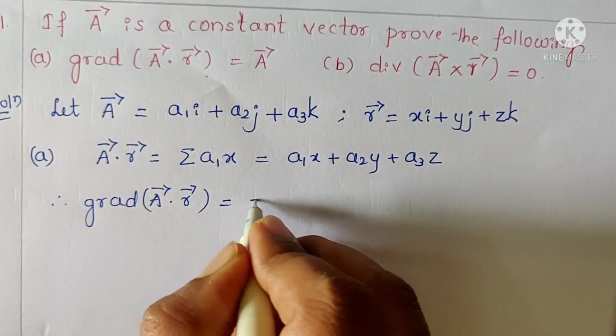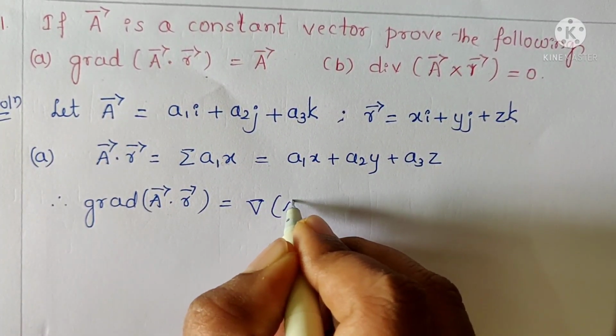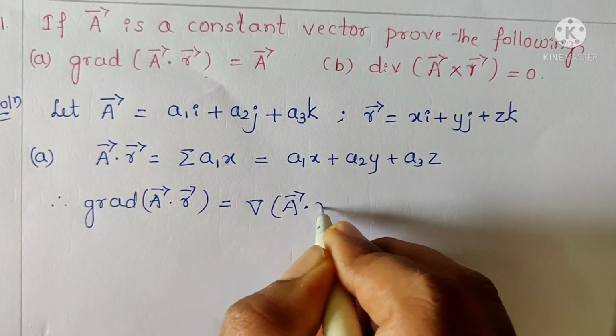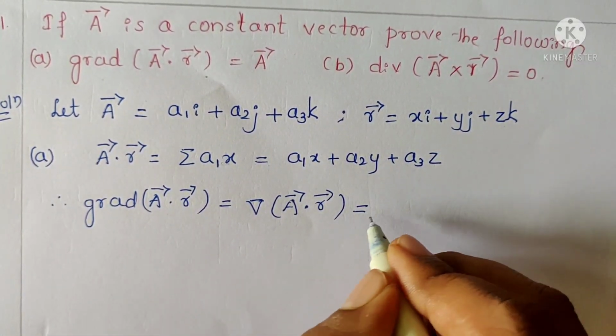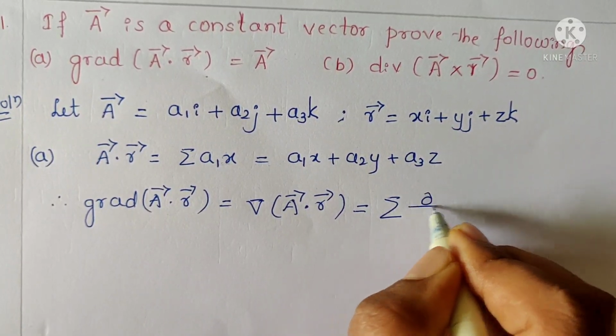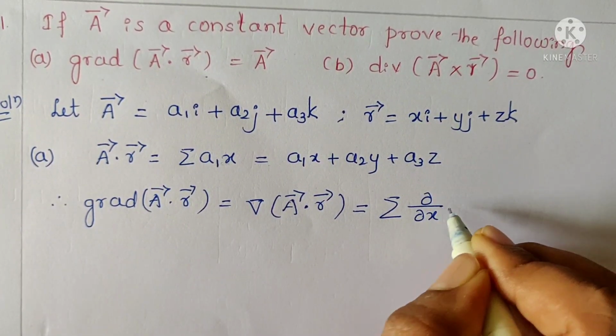So the gradient of A dot R is nothing but del of vector A dot vector R. What is del? Del is dou by dou x of i, the summation, into the summation of A1x. So what does it imply?